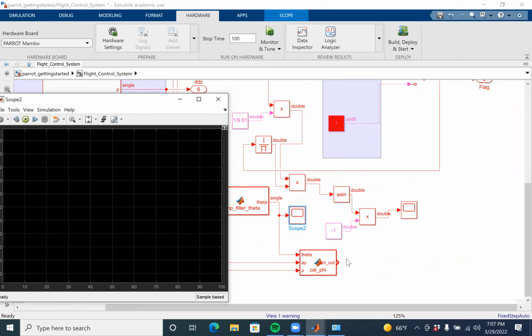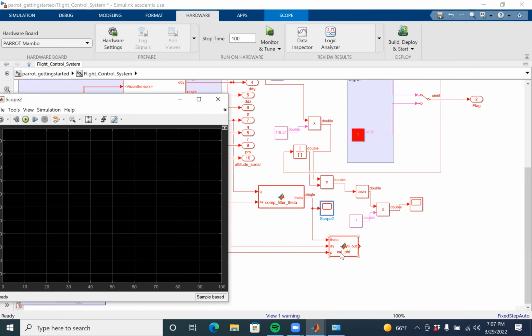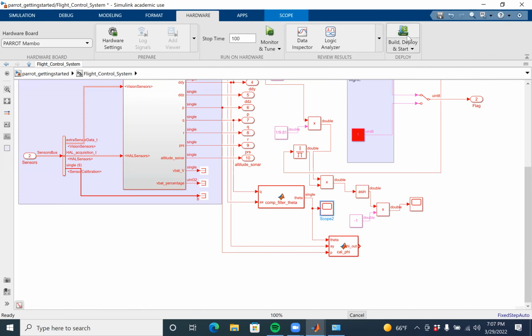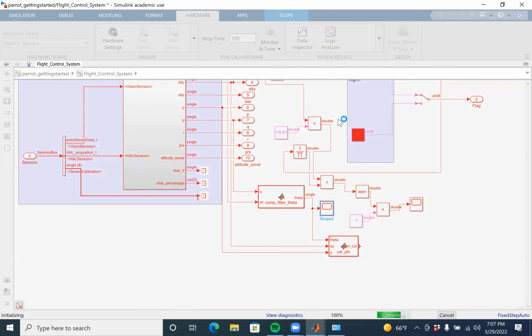Oh, I forgot to add the scope. Yeah, so I made a mistake. I forgot to add the scope. So we can add the scope and do monitor and tune, and you should be able to get the output from the complementary filter.